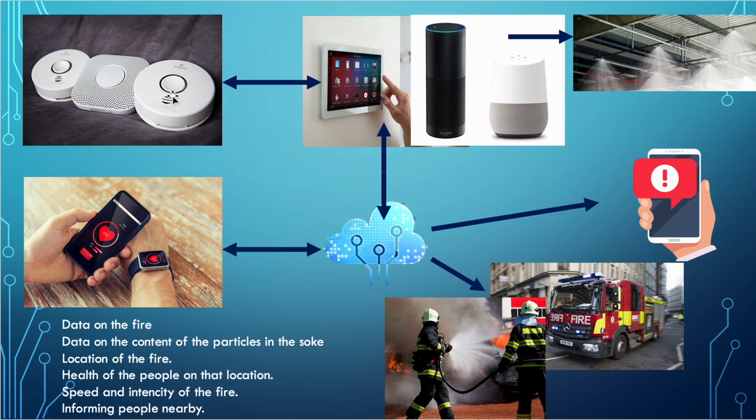So the smoke detectors will detect smoke in a particular area, right? And they will judge that this smoke as well as the heat is equivalent to a fire starting. They will relay that information quickly to the central controller or the processing unit.